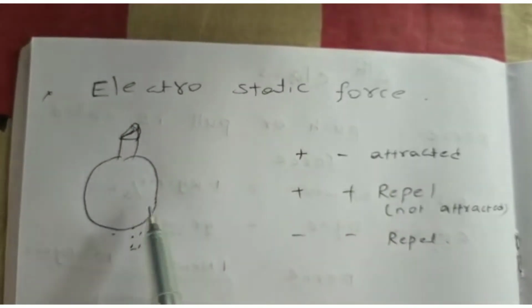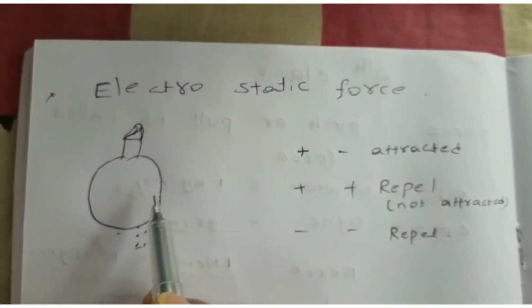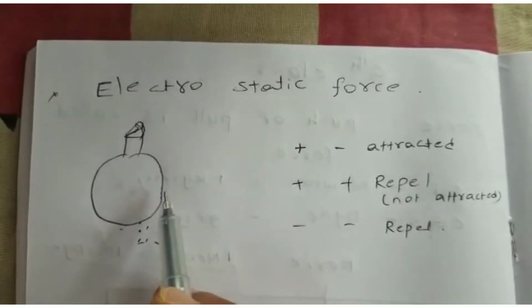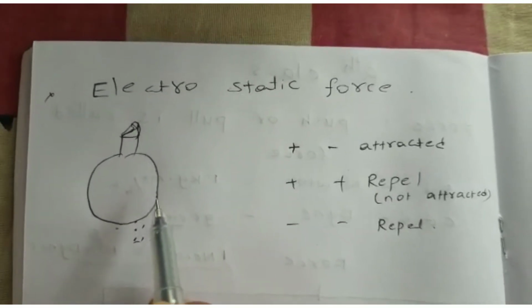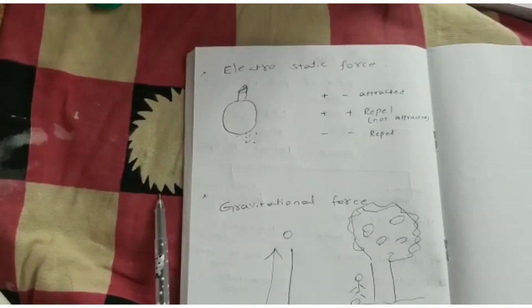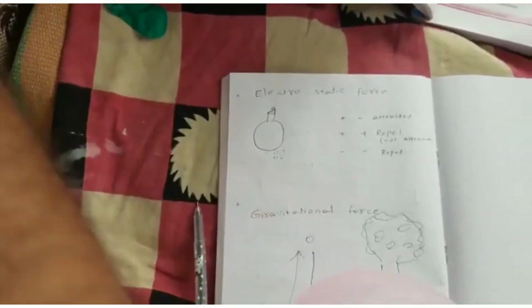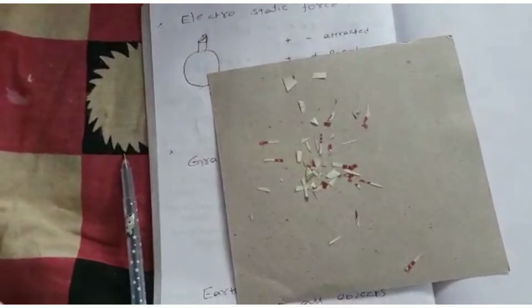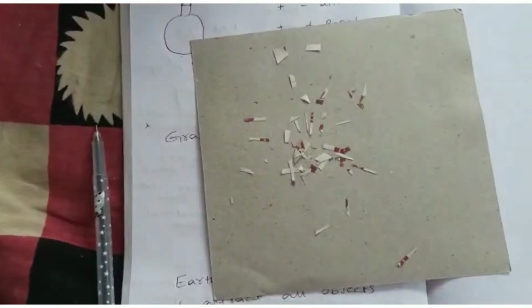Electrostatic force means, for example, you can take a balloon, rub it, and take small pieces of paper. We are doing the experiment. This is the balloon; you rub it and put the small pieces of paper near it. What happens?